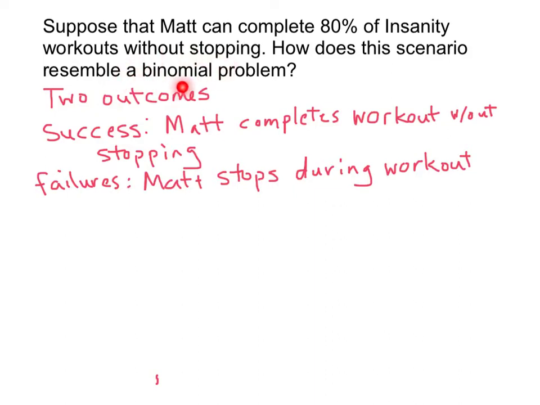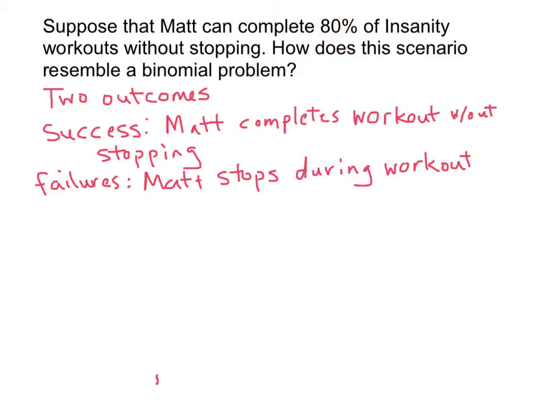The binomial part is the two outcomes, success or failure. There's nothing else that can happen in this situation. The other thing is that with the success, there is an associated probability, and the chance that Matt completes the workout is going to remain constant because these trials are independent of each other.